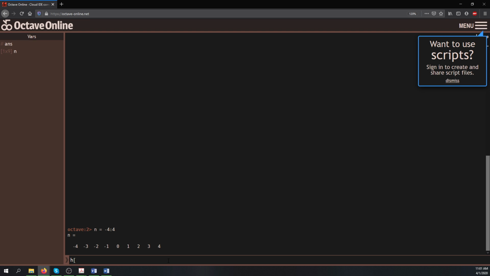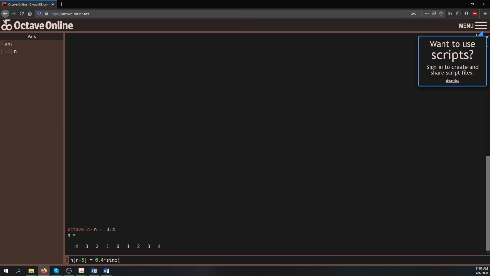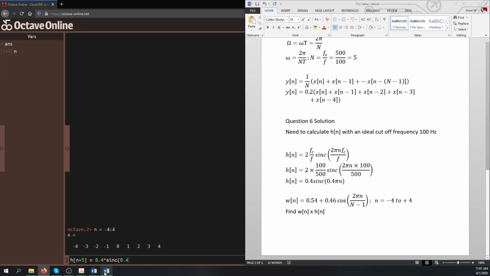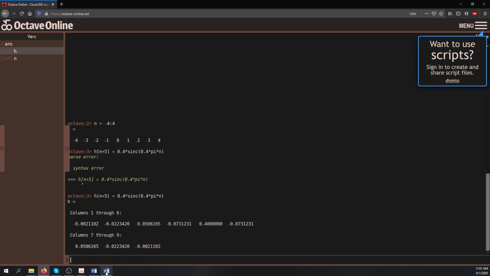So we're just going to say h of n plus 5, because we need to represent this at h of 1 in Octave, is equal to 0.4 sinc of 0.4 pi n. I have to use normal brackets here, not square brackets, sorry. So that will calculate h for us.